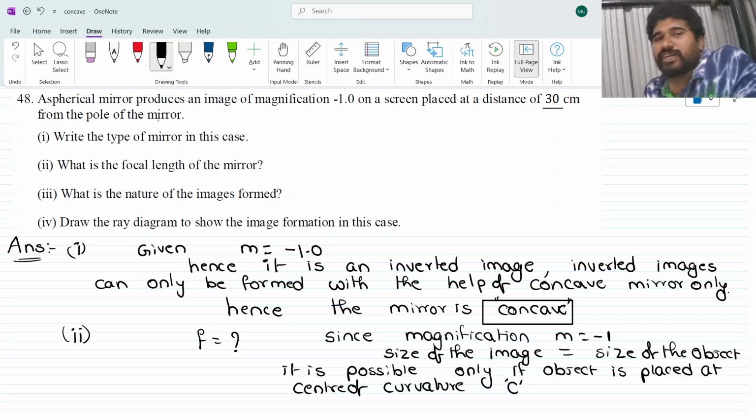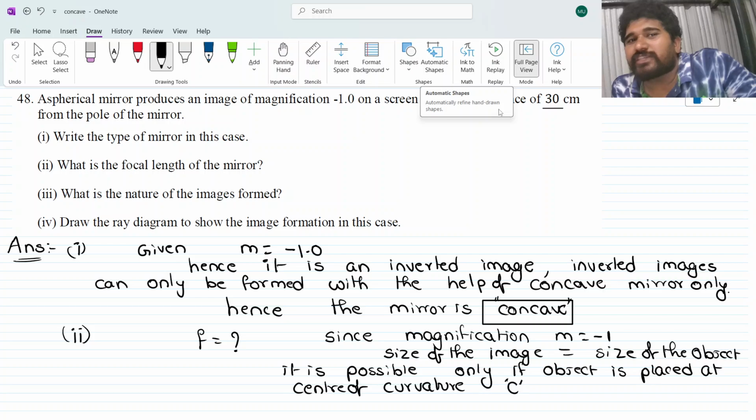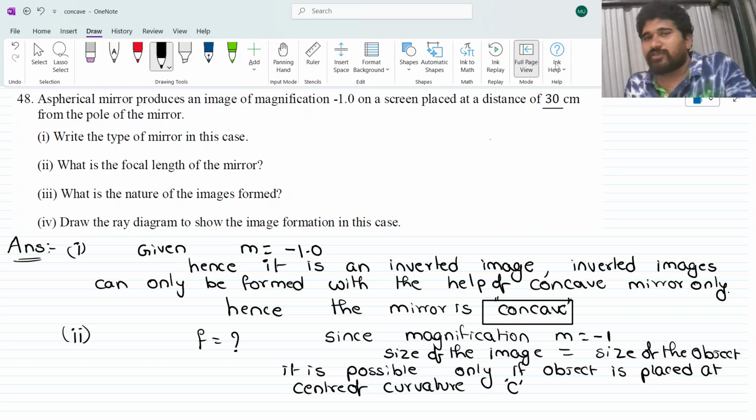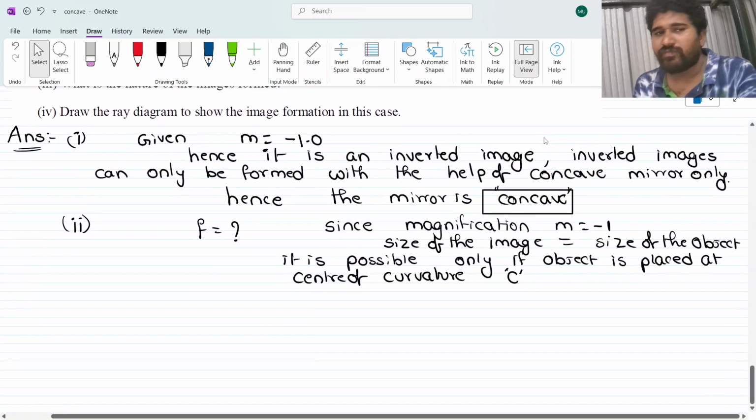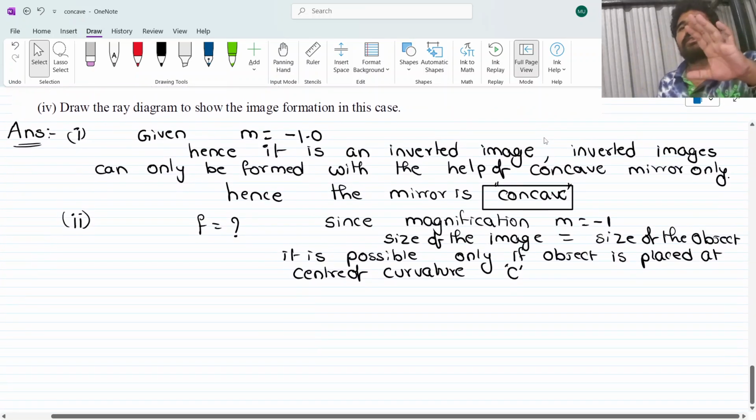So it didn't mention the object place. Image he said. Where is the image formed? Image formed is at 30. Yes or no? So it is possible only if object is placed at center of curvature. Yes or no? You said the object should be placed at center of curvature.